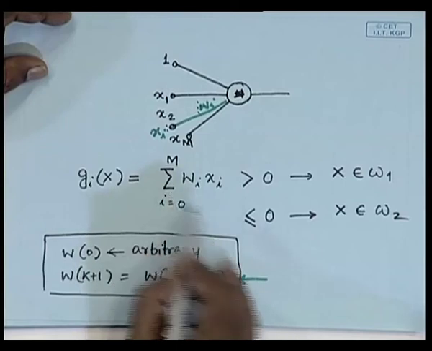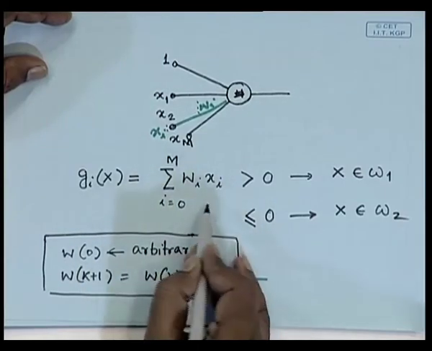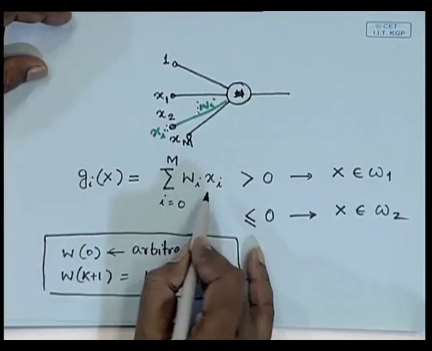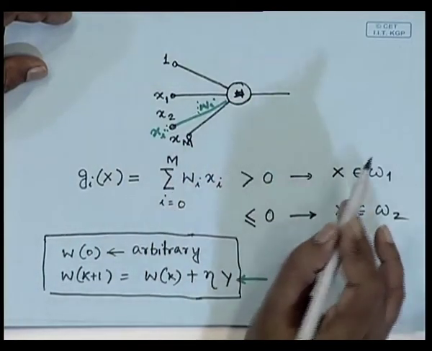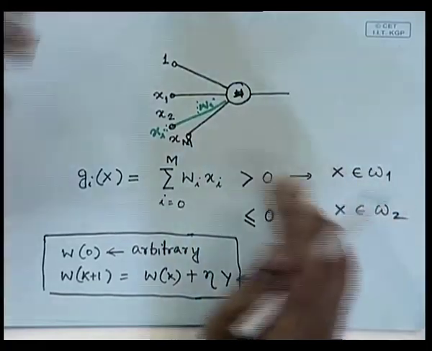If it is less than 0, the point belongs to the negative side of the straight line. So this single layer, single output neural network divides the feature space into two half planes. One half is positive, the other half is negative.